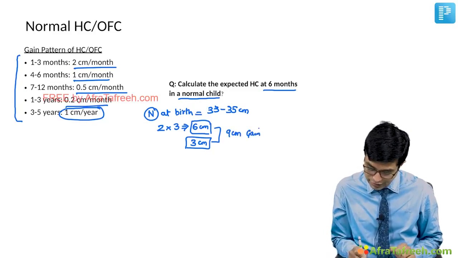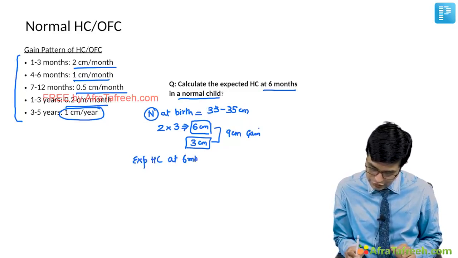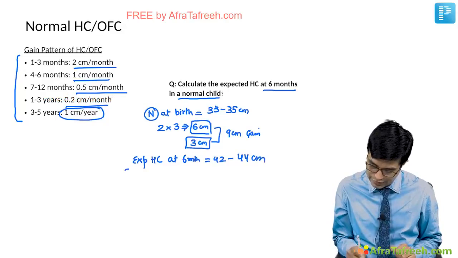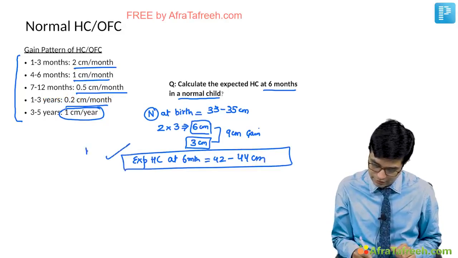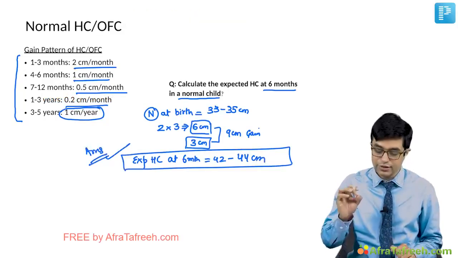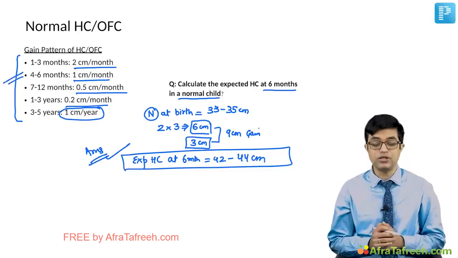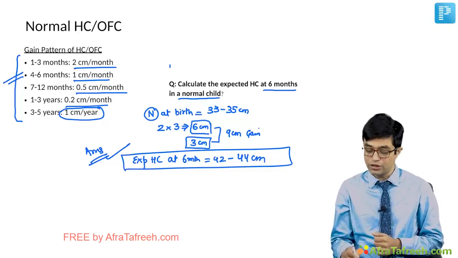So what will be the expected head circumference at 6 months of age? You add 9 to this, it will be 42 to 44 centimeters, and that will be your correct answer. So answering question like this, you need to know these gain pattern values which I have mentioned here. Difficult question.